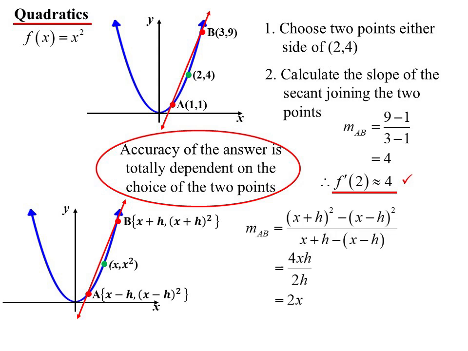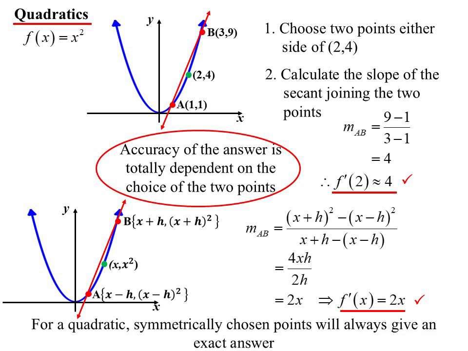And I could tidy that up and I get 2x. So I'm saying the gradient function I can approximate to be 2x. But you notice I've put equals there because actually that is 100% correct. It actually is 2x always for the parabola x squared. In fact, for a quadratic, if I always choose points to be symmetric, I'll always come up with an exact answer. That's just for a quadratic.